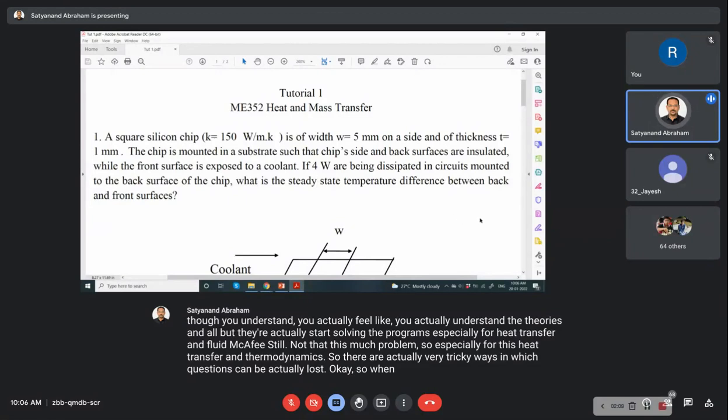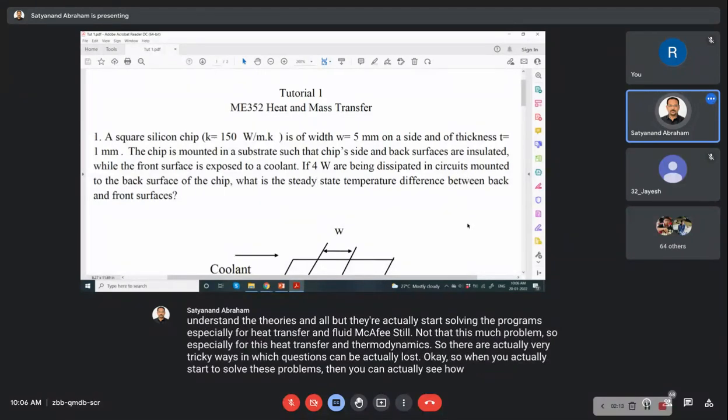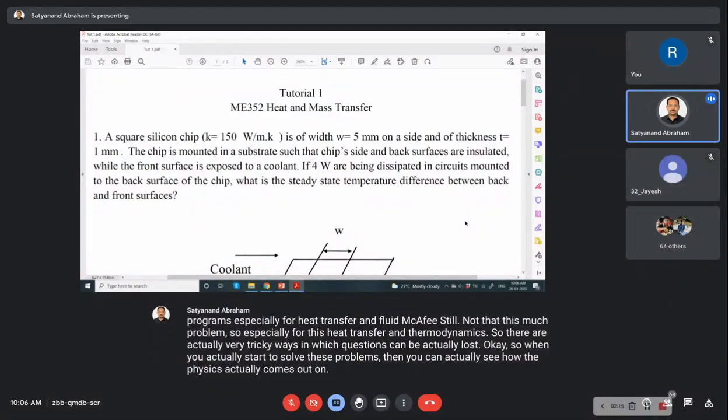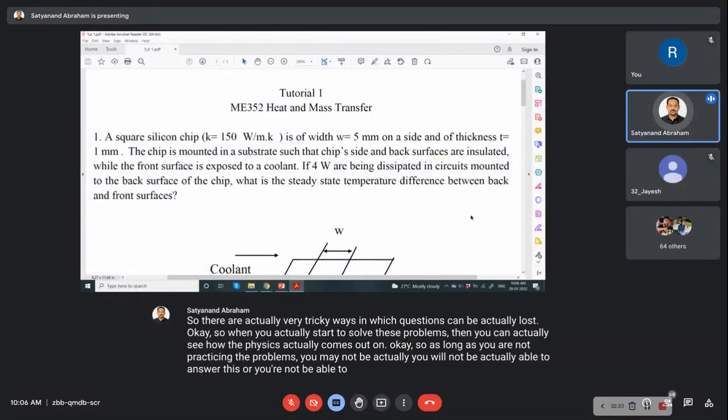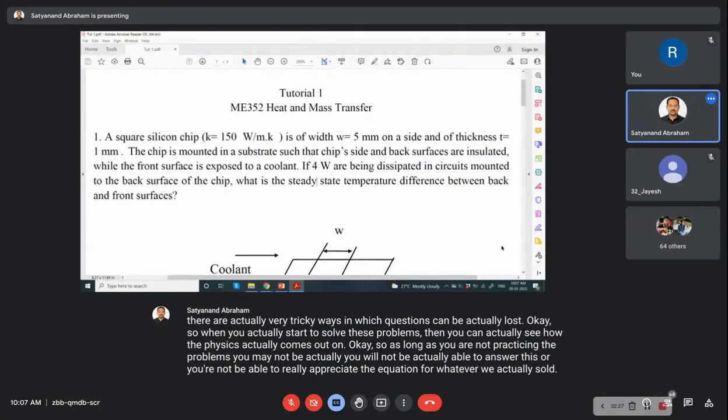When you start to solve these problems, you can see how the physics comes out. So long as you are not practicing the problems, you will not be able to appreciate the equations we have solved.